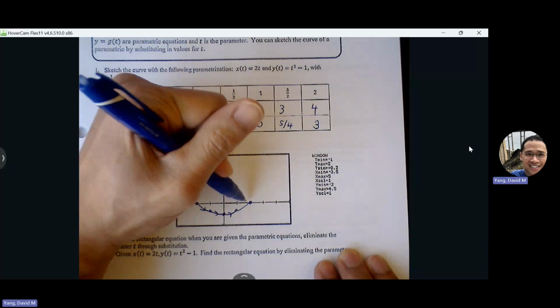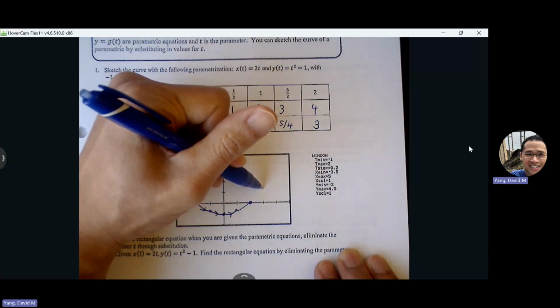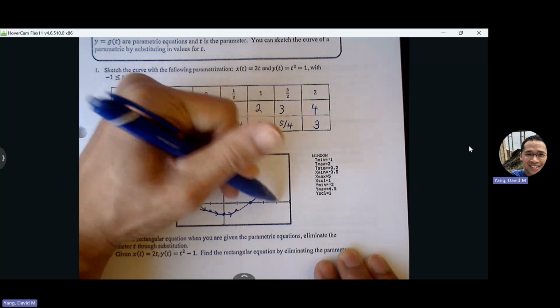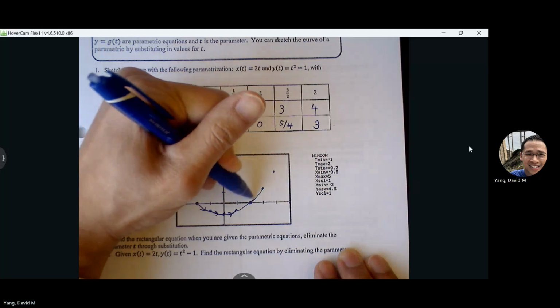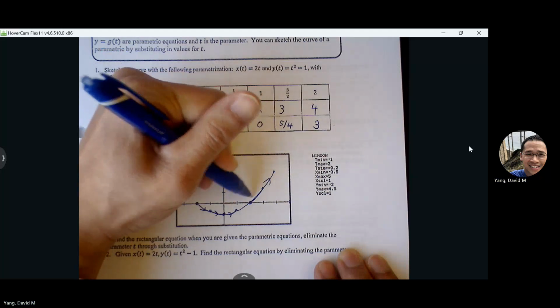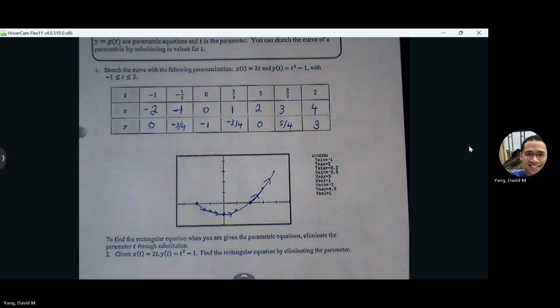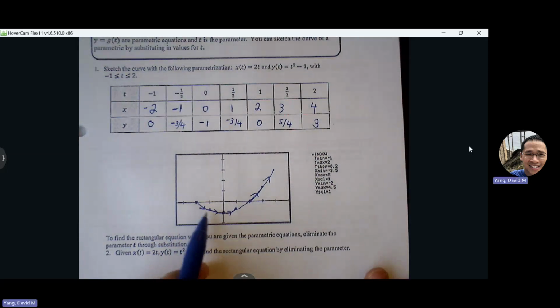It's like 1.2. And then (4, 3). We can kind of see that this graph is basically forming that parabola shape.